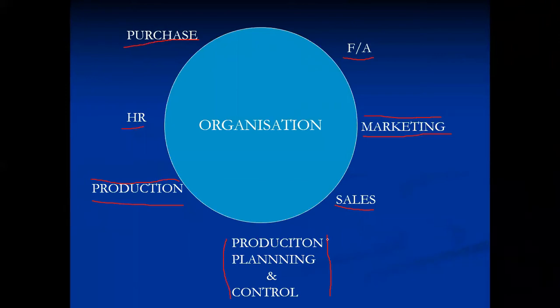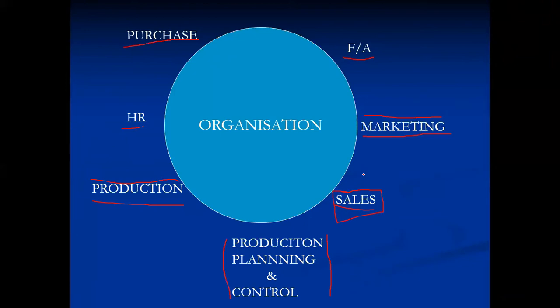In order to prepare it, this department requires some information from the sales department, that is, the date of delivery required by the customer. Obviously, if you know the date of delivery required by the customer, accordingly you can schedule the production, right? So here the production planning department is depending on the sales department for information.